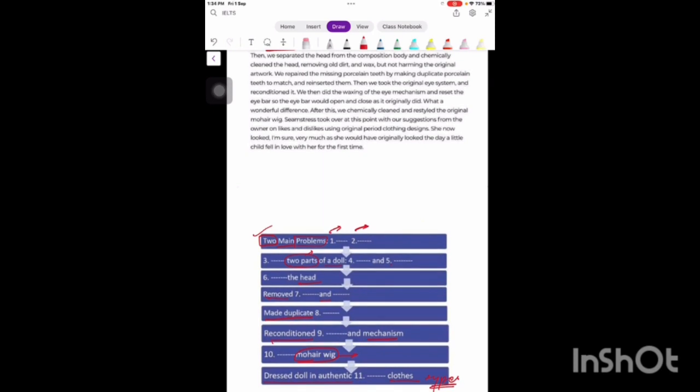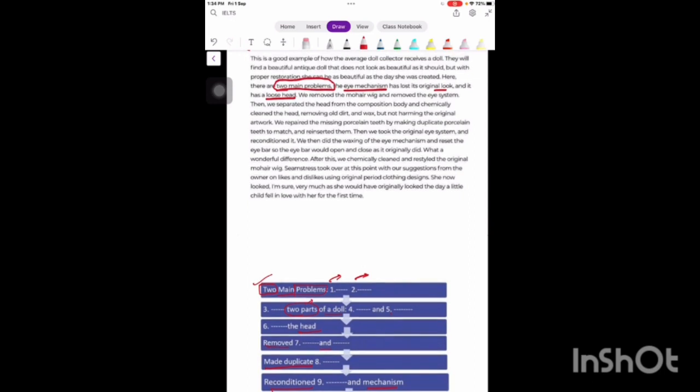Let's see where we can find it. Okay, now skim the text for this word. We separated the head from the composition of body and chemically cleaned the head, removing old dirt and wax, but not harming the original artwork.